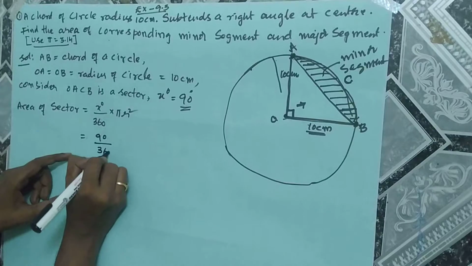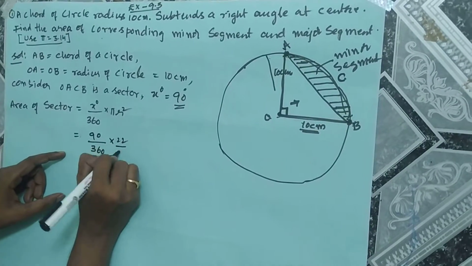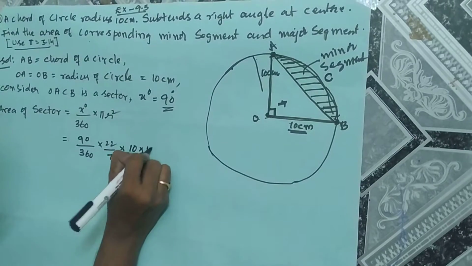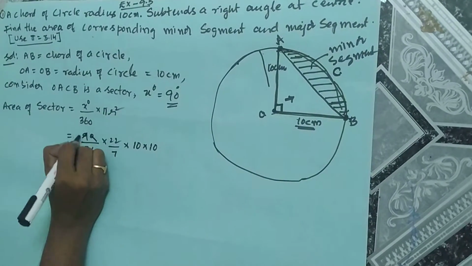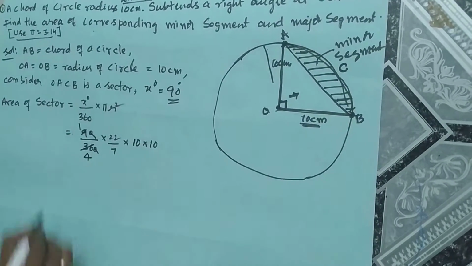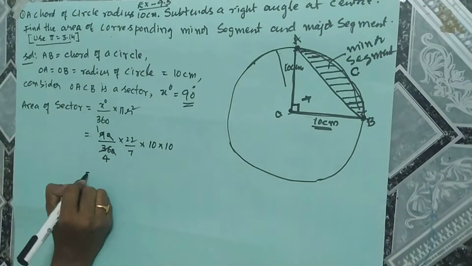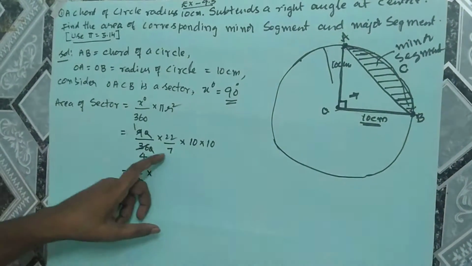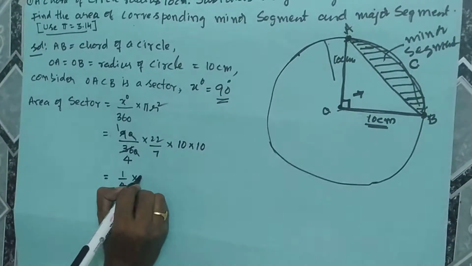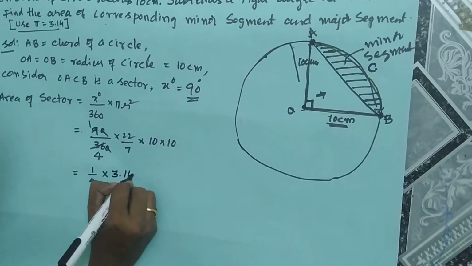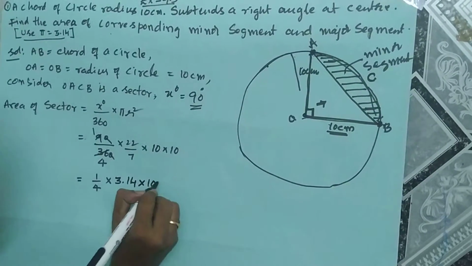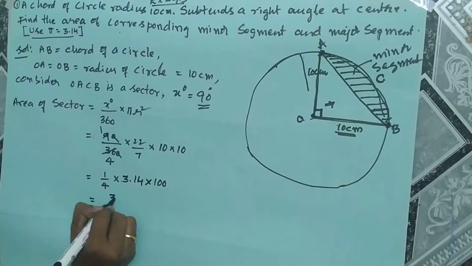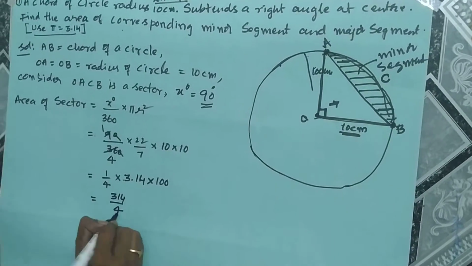So 90 by 360 into 22 by 7, with radius 10 centimeters. 10 into 10, the zeros cancel. That equals 1 by 4 into 3.14 into 100, which is 314 by 4.